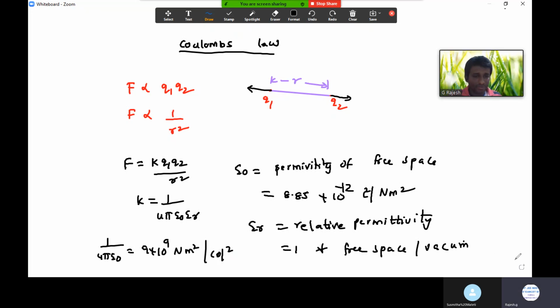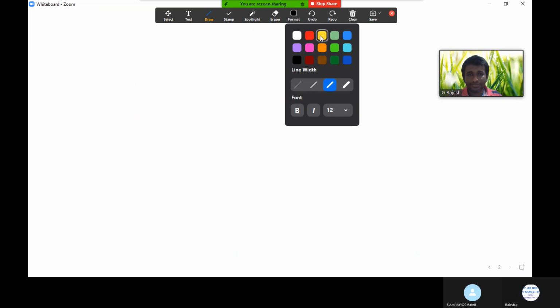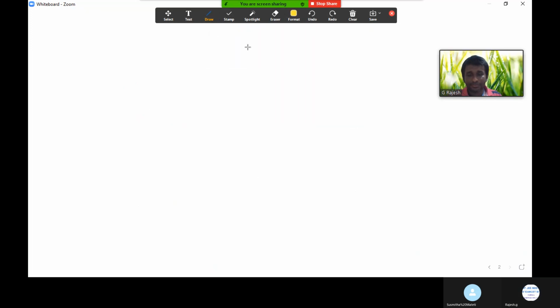Now we'll go for the vector form. So this is my y-axis and this is my x-axis.